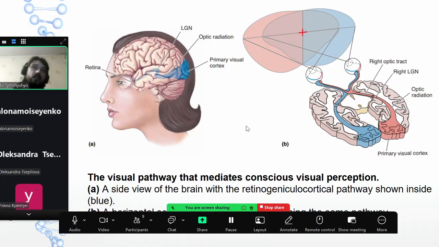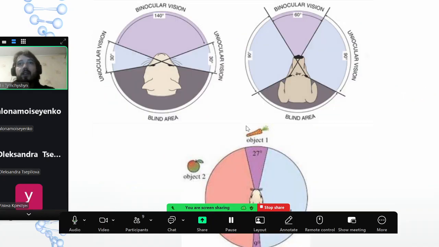And of course I couldn't leave it behind and not show you how that works in different animals. So here you see, for example, a cat. Here is the area of binocular vision. You can estimate that it's like 140 degrees, so a pretty large angle.